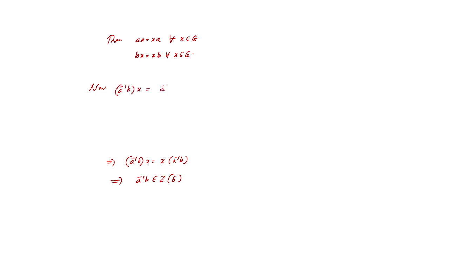So we can write A inverse of B x by associativity. Okay, this we consider 1, this we consider 2. So A inverse x, that we can write, A inverse B x means x B. Why?